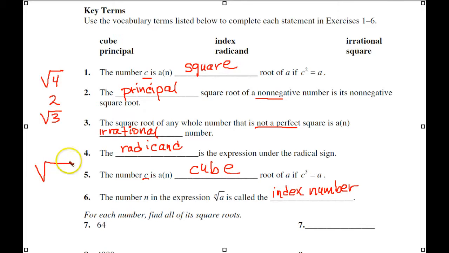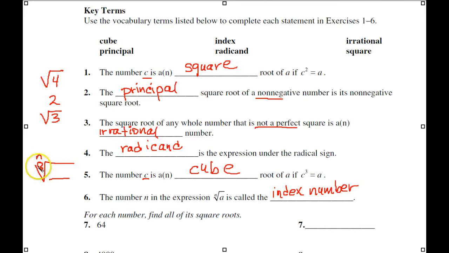This is the radical sign, and what is under the radical sign is called the radicand. And in this little notch here, there is often a number. Well, often there isn't, and by the way, if there is no number there, the number 2 is implied that we don't write.